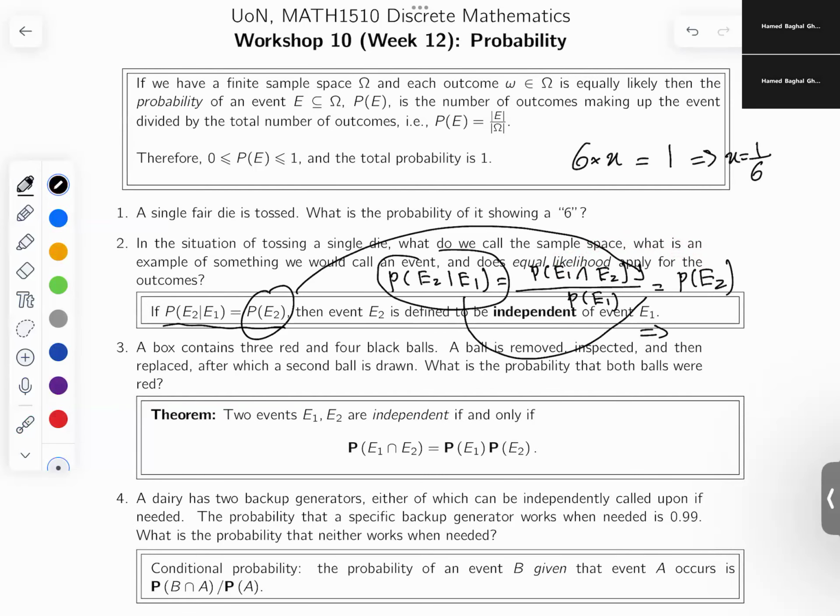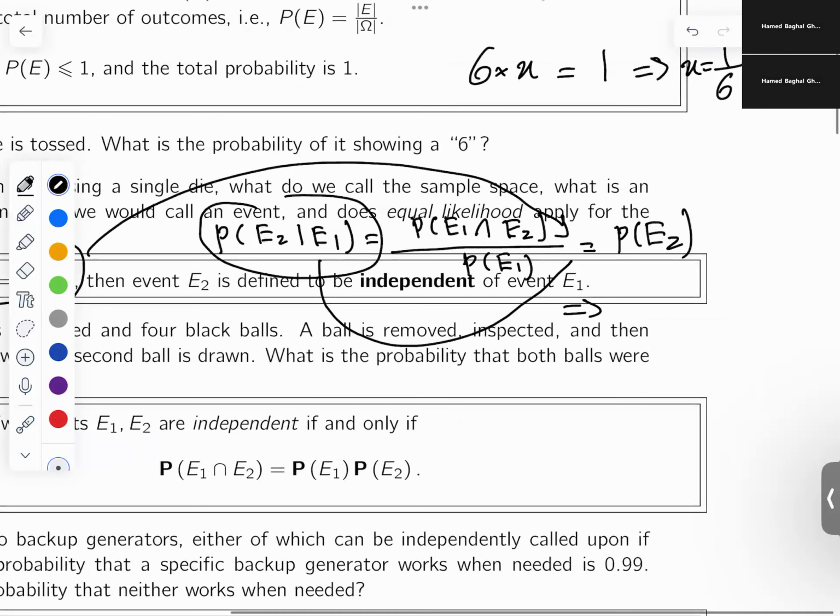Therefore, probability of E1 intersection E2 will be equal to probability of E1 times probability of E2.